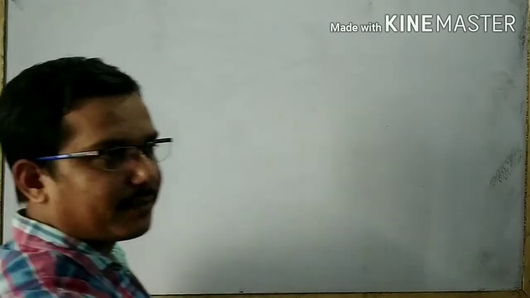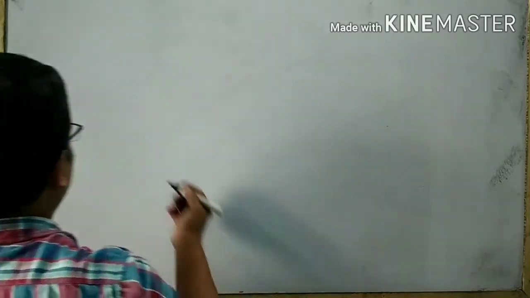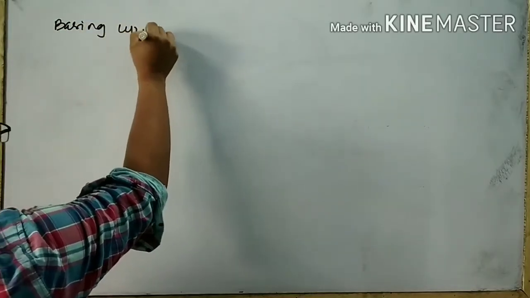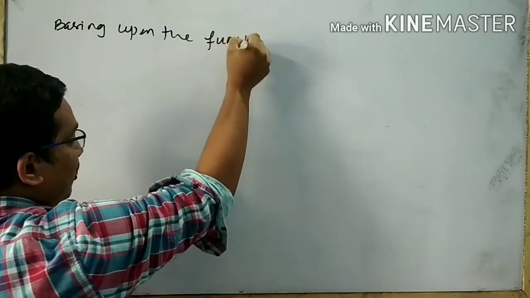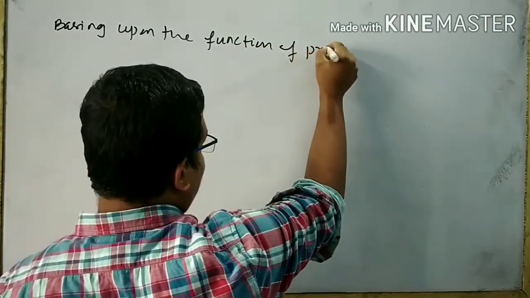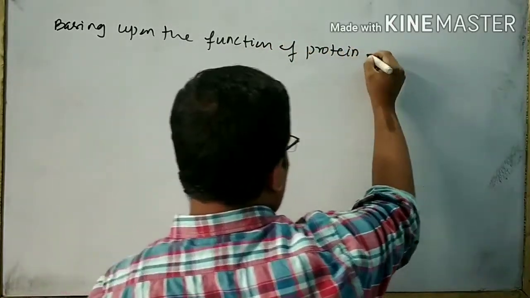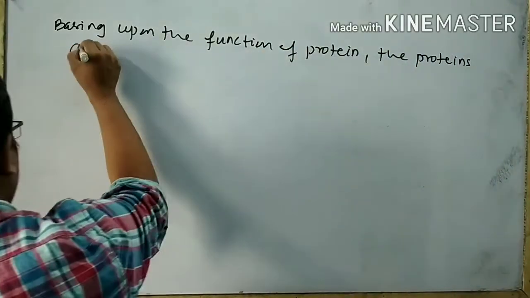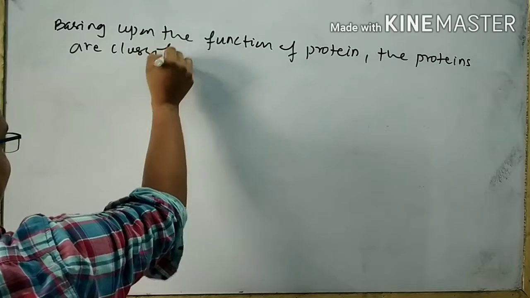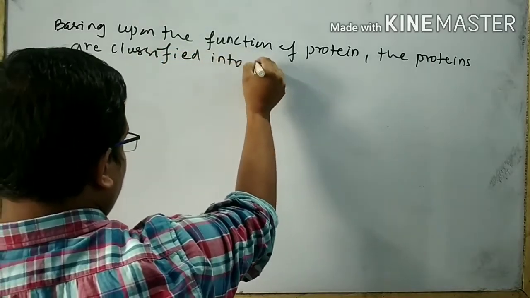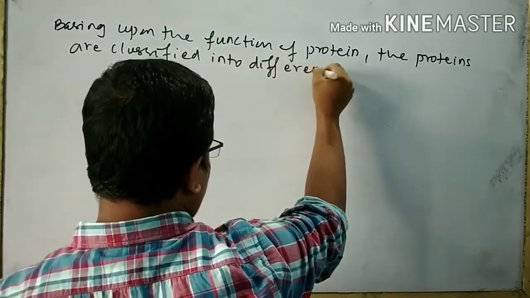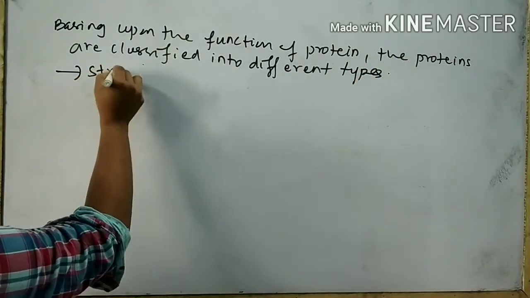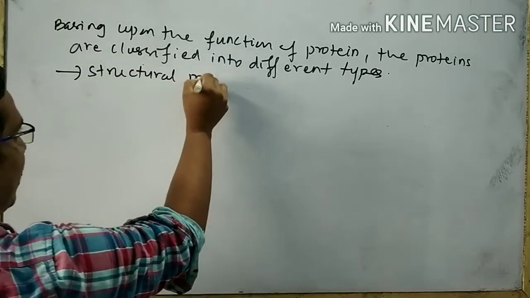Proteins are also classified based upon the function. So we can write based upon the function of protein, the proteins are classified into different types. At first I will discuss about the structural protein.